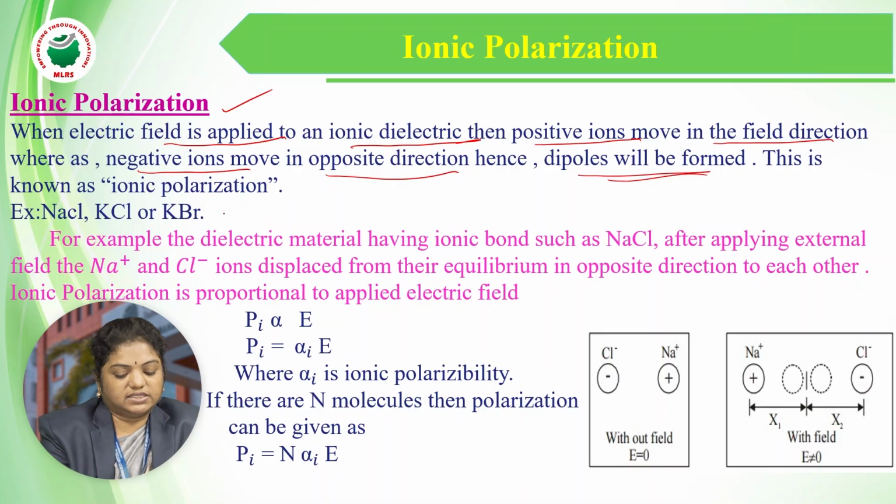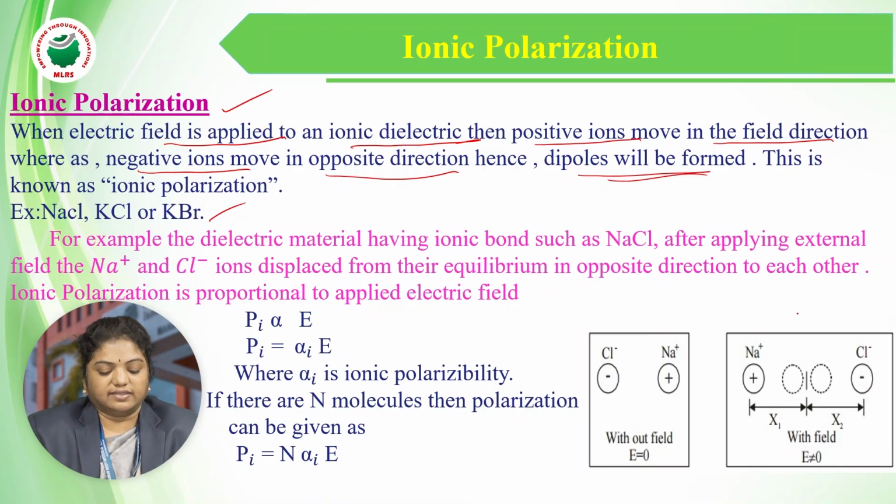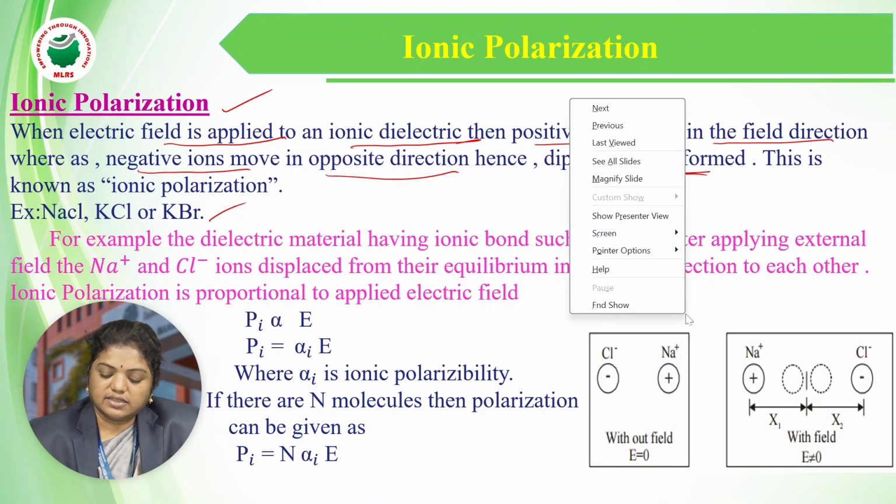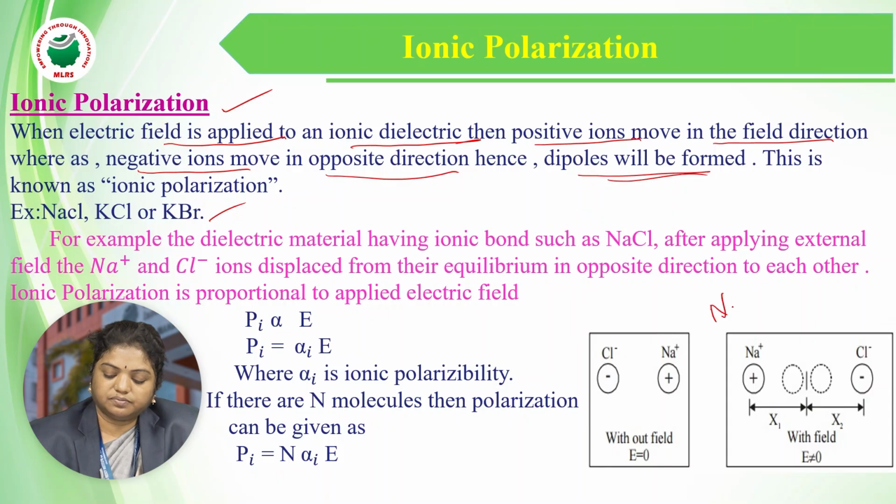This type of polarization is called ionic polarization. Examples are NaCl, KCl and KBr. Consider one example, the NaCl molecule, without an electric field.